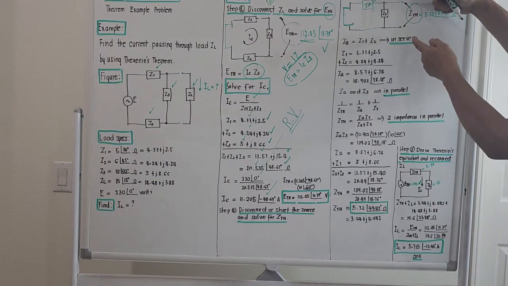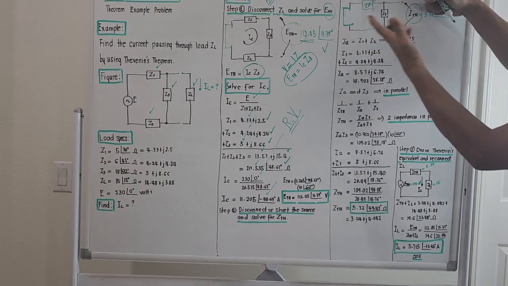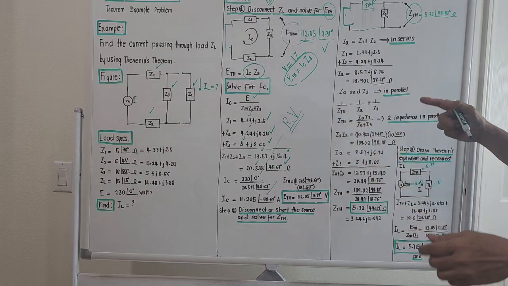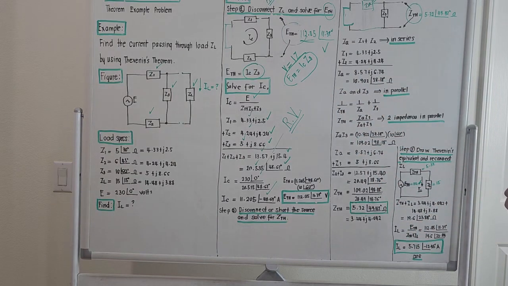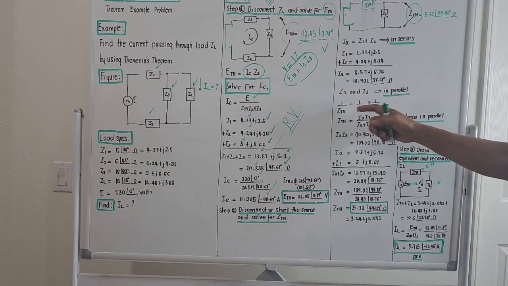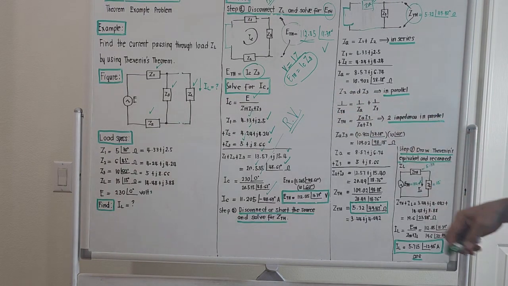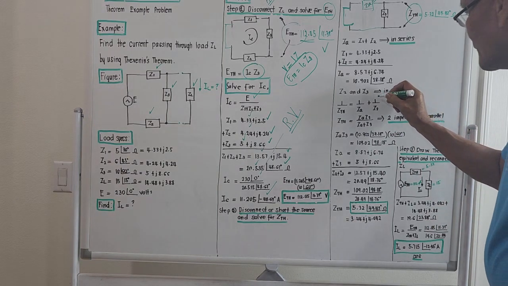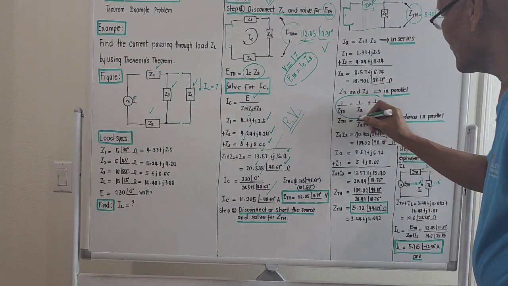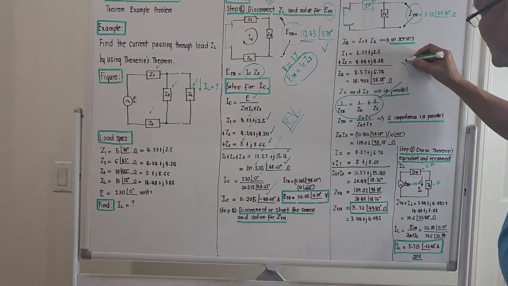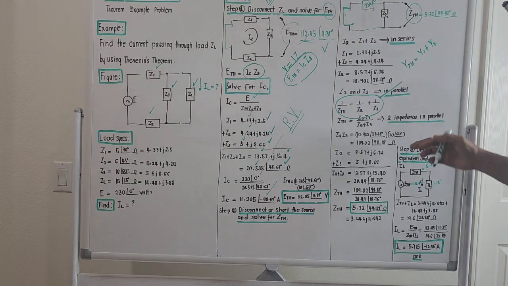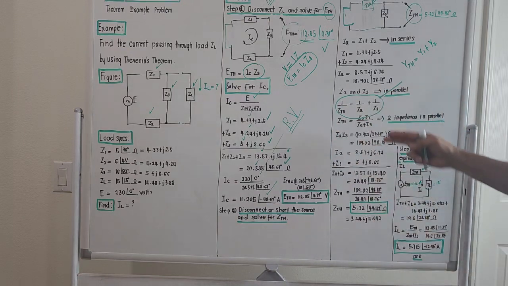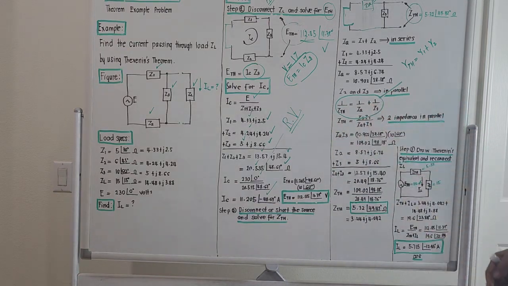So to compute for the impedance over here, we know the equation and how to take the impedance of 2 parallel impedances, right? That is 1 over ZTH equal to 1 over ZA plus 1 over Z3. If you don't want to use impedance, just place it here, YTH equal to Y1 plus Y2, right? If you don't want to work with impedances. But in here, I presented impedance solution, right?